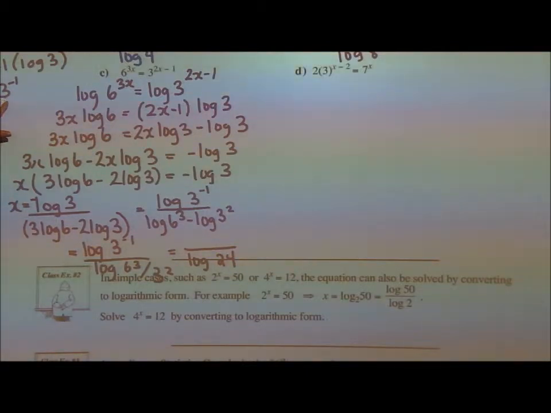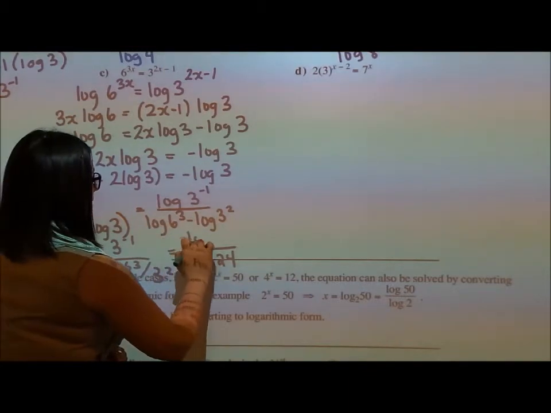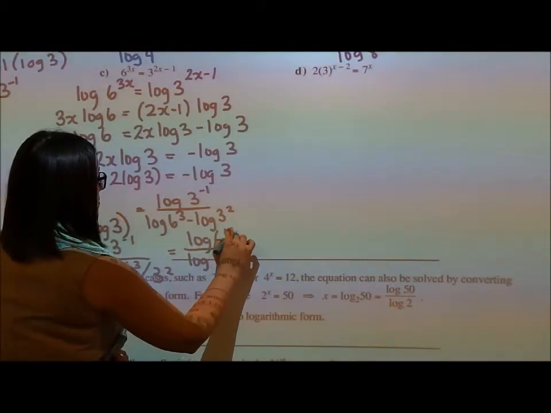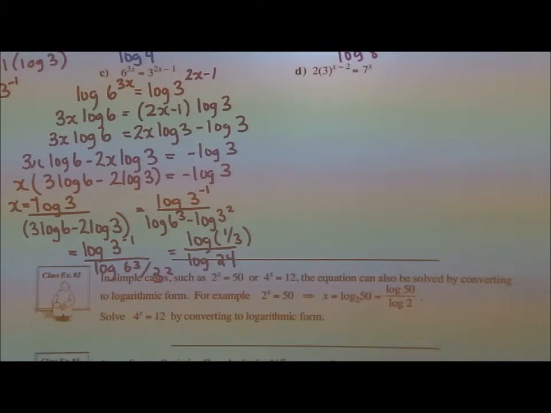So look at this right here. How do I write this with a positive exponent? The reciprocal, so 1/3 to the power 1. So I can rewrite this as log 1/3. And then I have it in the form that the question asked for, which is a positive log divided by a positive log.